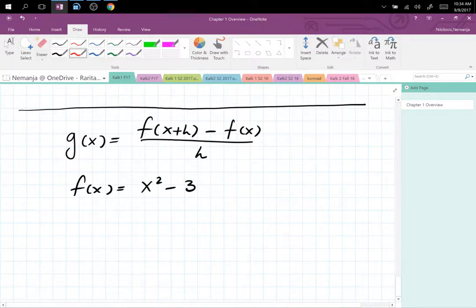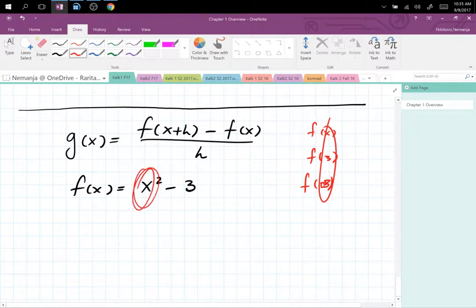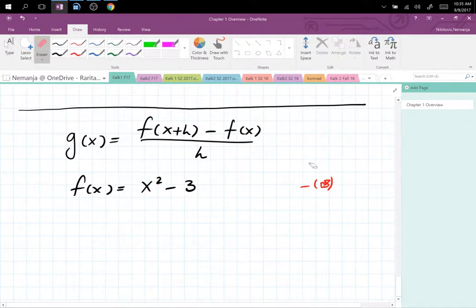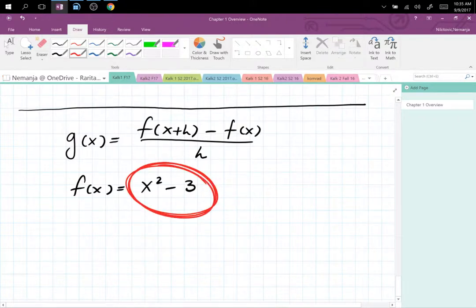So when I say f of x, and then I plug in 3, or I plug in a flower, whatever I plug in here is what replaces every x in that particular equation. So, by that being said, if I have f of x plus h, every x of this equation will be replaced by x plus h.